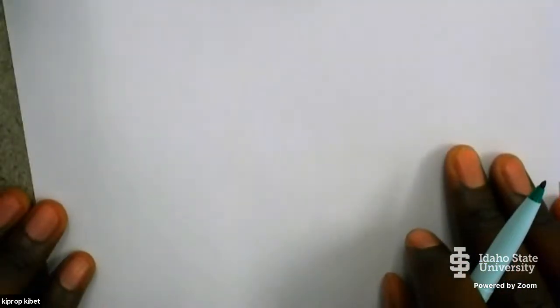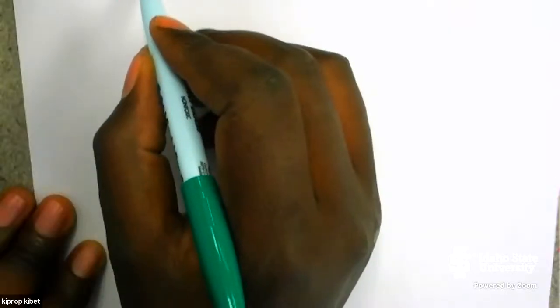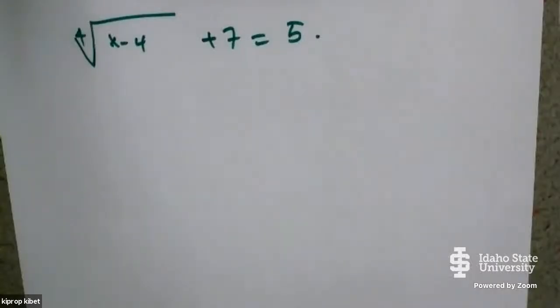Okay, another example. Solve the fourth root of x minus 4, plus 7, equals 5.